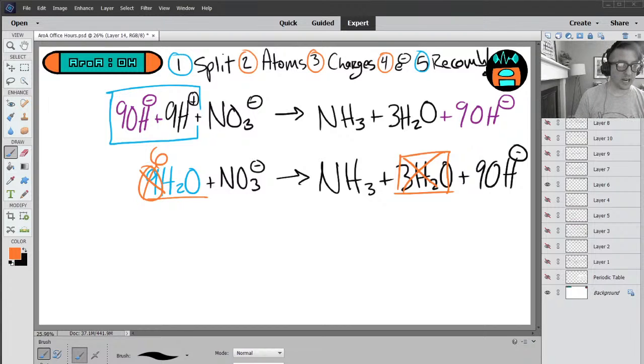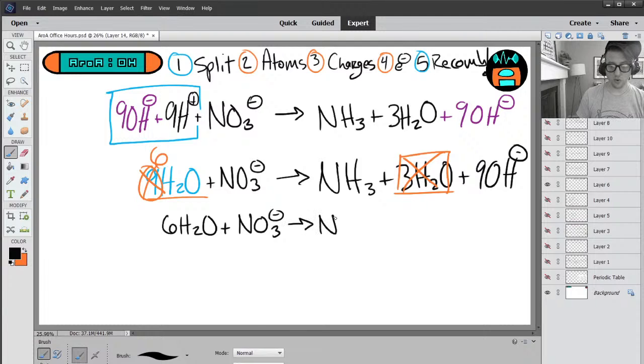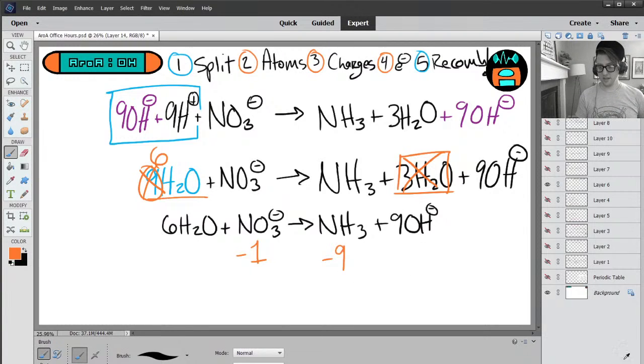So we have our atoms balanced now, and we've worked through the challenge of basic conditions. Now we just got to balance charges like normal. So when you look at the charges on each side, we have a -1 on our reactant side from nitrate and a -9 on our product side from our 9 hydroxides.